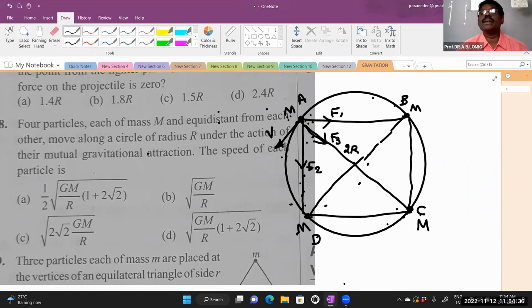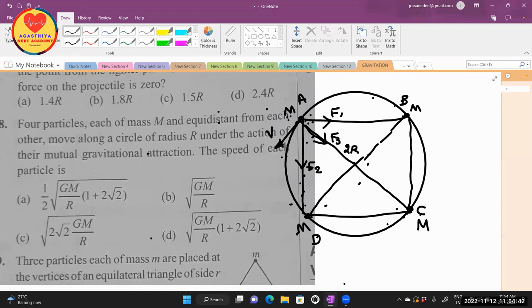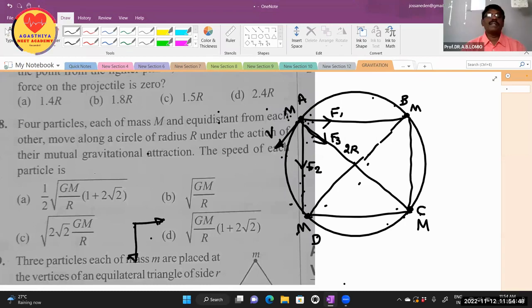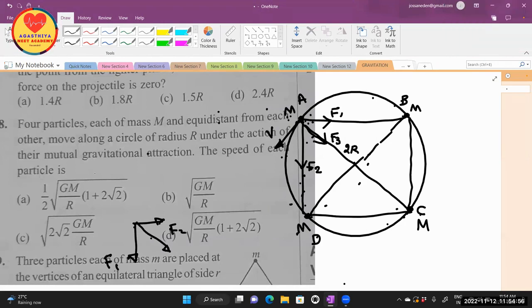How to calculate the resultant force of F1 and F2? Kindly listen here. Let us find out the resultant force of F1 and F2 first. The resultant force of F1 and F2 will lie between F1 and F2.